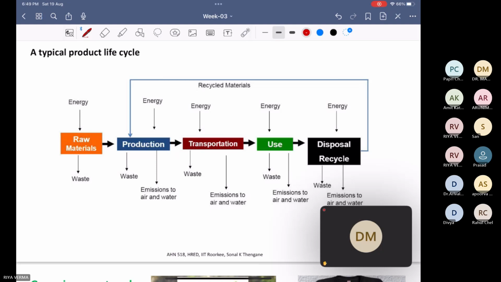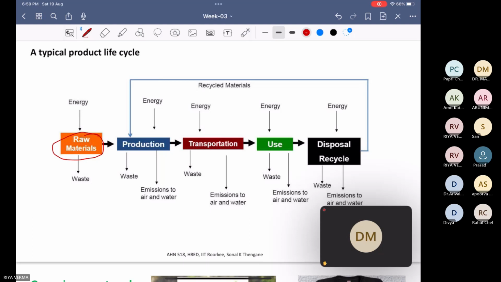So, sir has discussed in the class that typical product life cycle, right? तो एक प्रोडक्ट की लाइफ साइकिल में कितने फेजेस होते हैं? फर्स्टली वी स्टार्ट विद द रॉ मटेरियल्स. हमारे पास रॉ मटेरियल्स आएंगे, इसमें कुछ ना कुछ एनर्जी का इनपुट होगा इन रॉ मटेरियल्स को गैदर करने के लिए. फिर हम जाएंगे प्रोडक्शन पार्ट में.